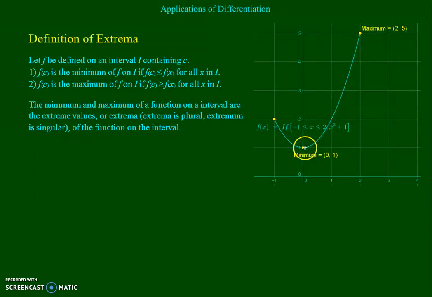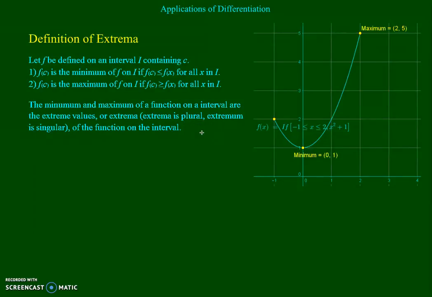This is a minimum, because the value at our c value of 0 is less than any other function value at any other x coordinate in that interval. This is a maximum because it's greater than any other value on that interval. Now one extreme value is an extremum, and these two extreme values are extrema. Extrema is plural, extremum is singular.